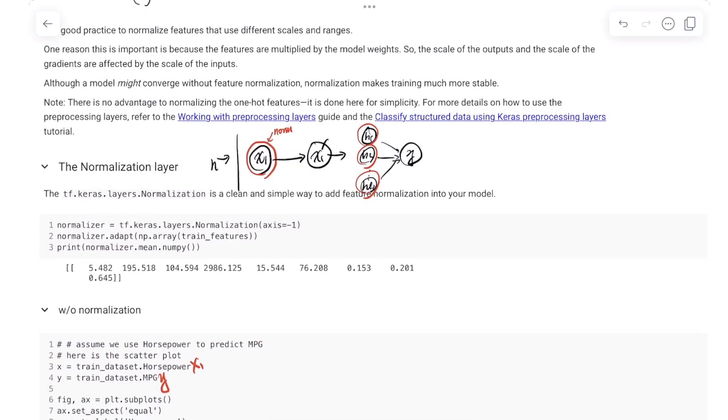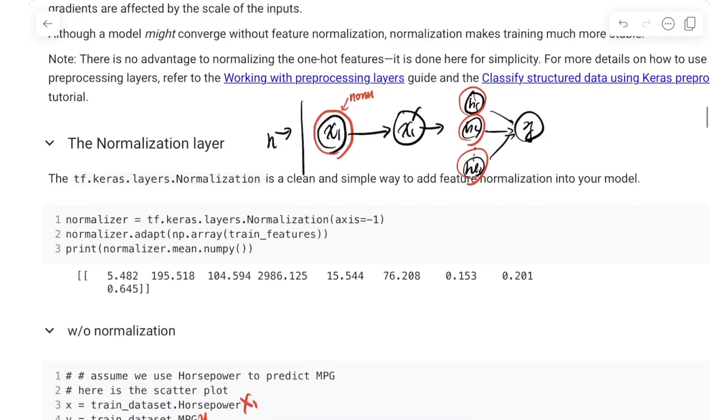We first talk about how to do normalization in a neural network, and we'll show you why normalization is an important thing when you design your model.